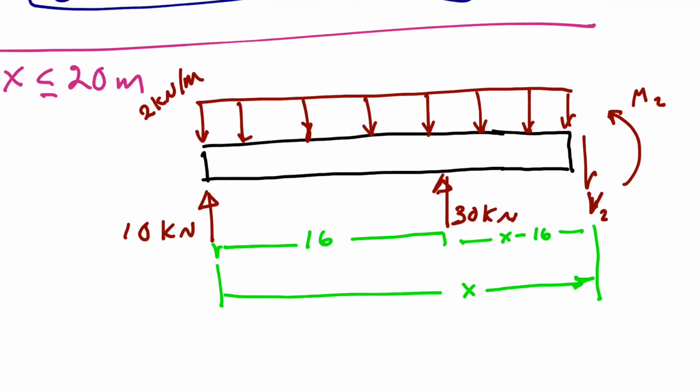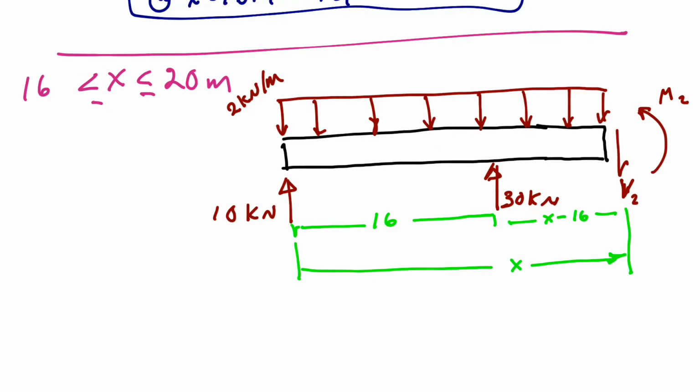Okay, so here we have our free body diagram for this next cut between 16 meters and 20 meters. You'll see we've added in this reaction force of 30 kilonewtons. We have our shear still out here and our moment. And now we want to solve for the shear. So we will sum forces in the y direction.